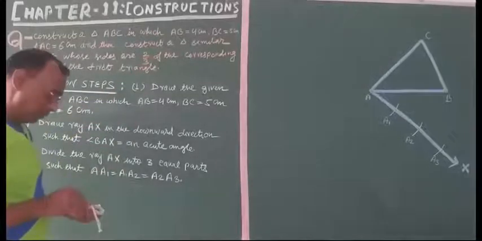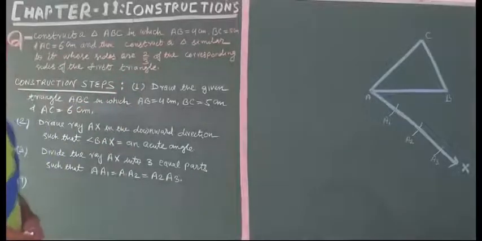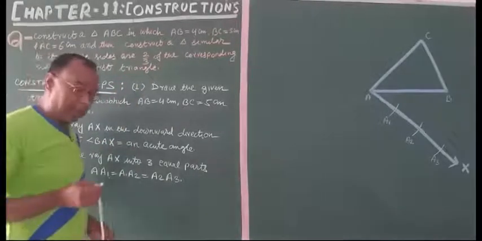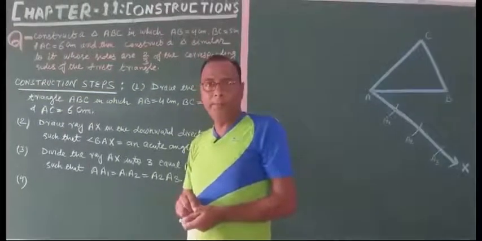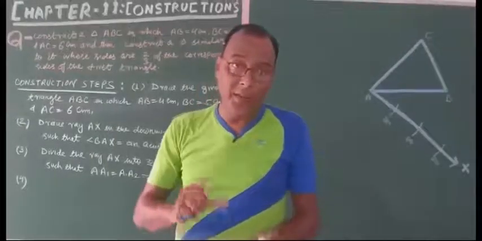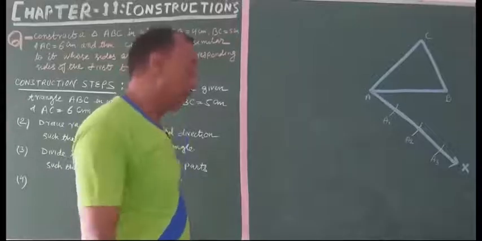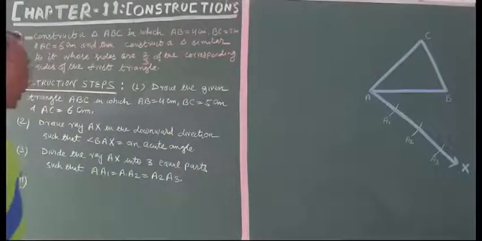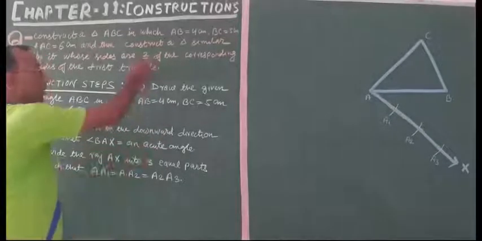And this is step number 4. Just look at this ratio 2/3. And you have to construct the triangle whose sides are 2/3 times of the corresponding sides of the given triangle. It means the new triangle will be smaller in size. So for the smaller triangle, we will join this greater part A3.